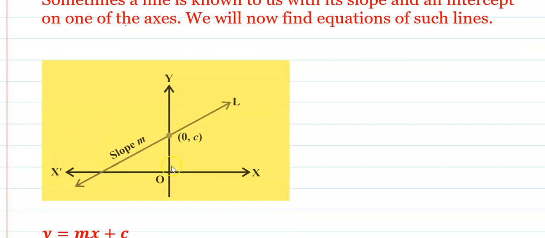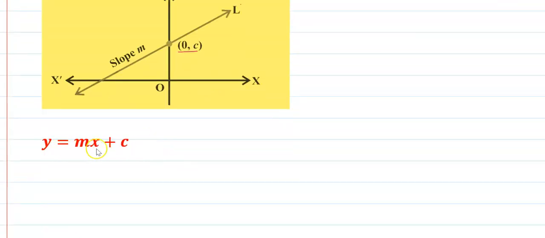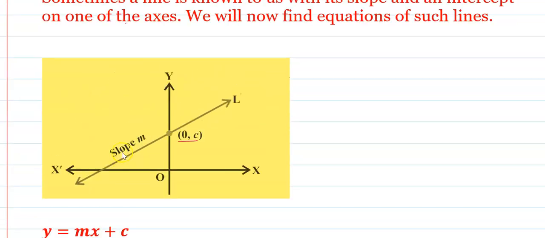In this figure, the line L touches the y-axis at the point (0, c). It has a slope m. Then the slope intercept form is y is equal to mx plus c.